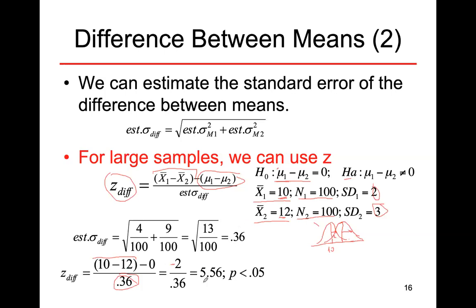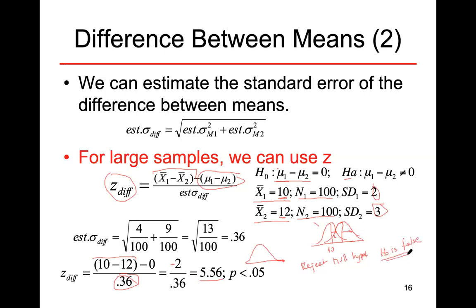Then I find my z as 5.56, which is way too small, right? In the z, it is somewhere over here, very small probability. So I reject the null hypothesis. H0 is false.